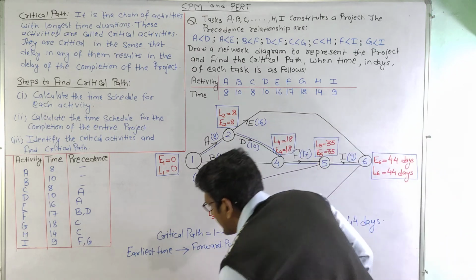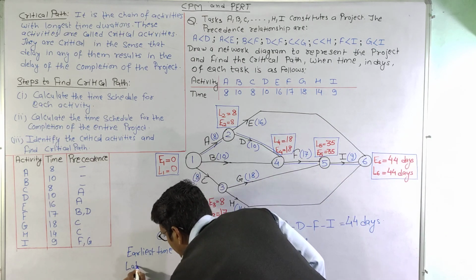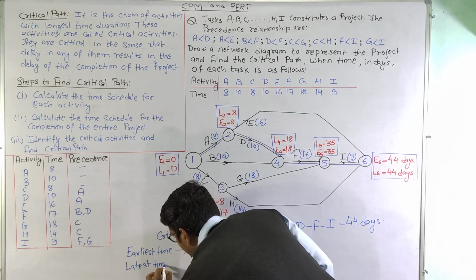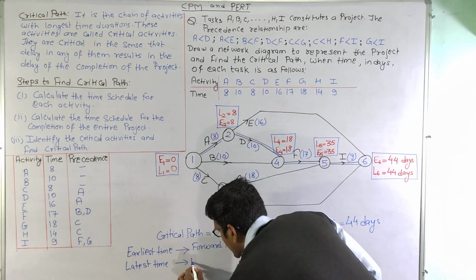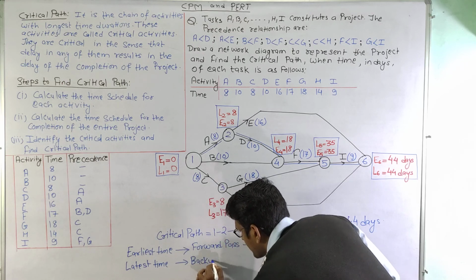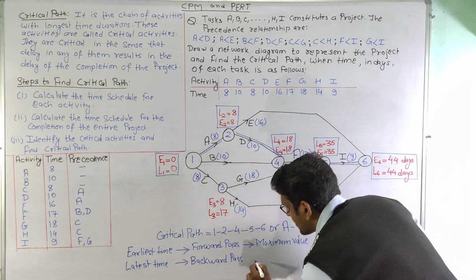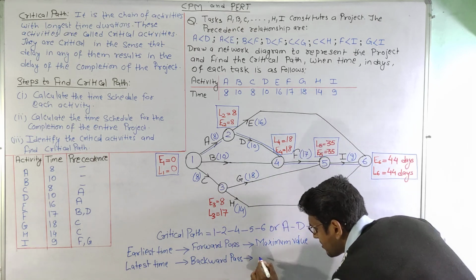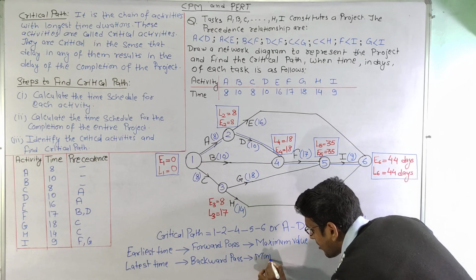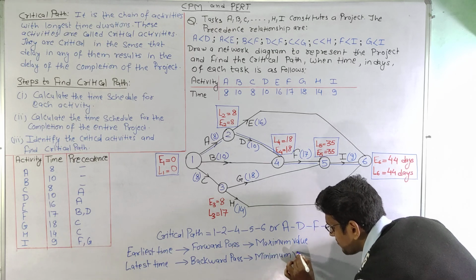And to calculate the latest times, we will use the backward pass. In this backward pass we will select the minimum value.